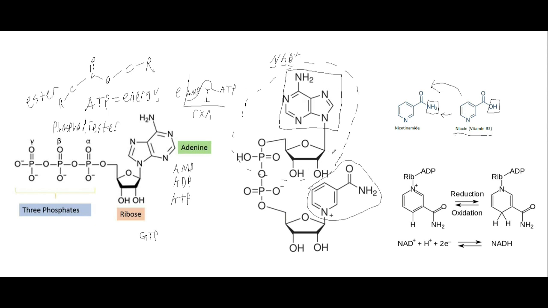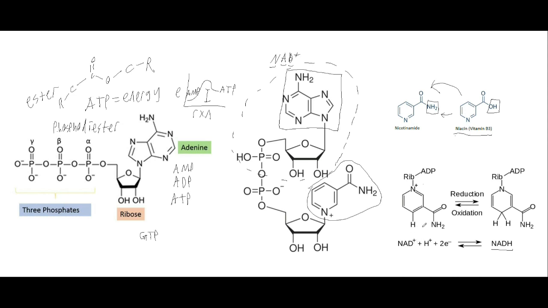This is another form of energy carrier that we have, but instead of carrying the energy as these phosphodiester bonds, it's actually carried in the form of a redox reaction. So we see here that this is our nicotinamide right here, and this nitrogen right here is having a hydrogen and 2 electrons attached to it, and so that neutralizes it and turns it into NADH.